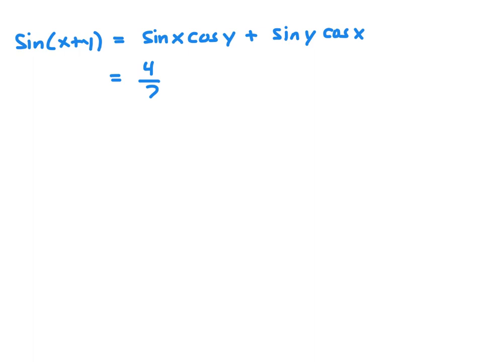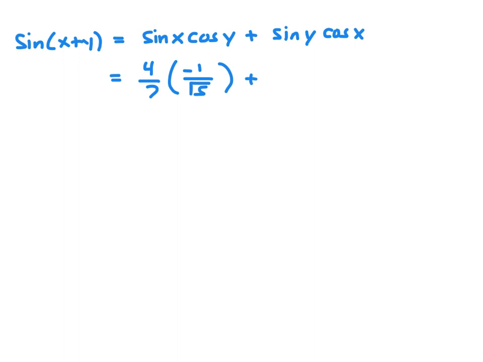So the sine of x plus y, by the sum formula for sine, we know is sine x cosine y plus sine y cosine x. We now know all four of these values. The sine of x we were given is 4/7. The cosine of y we were also given as -1 over square root 5.